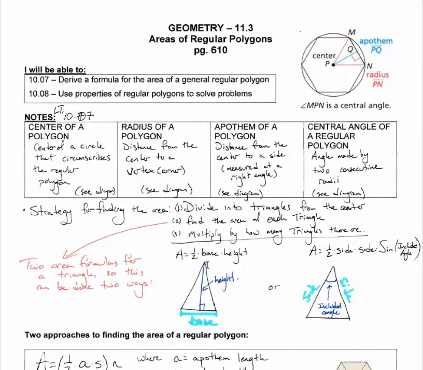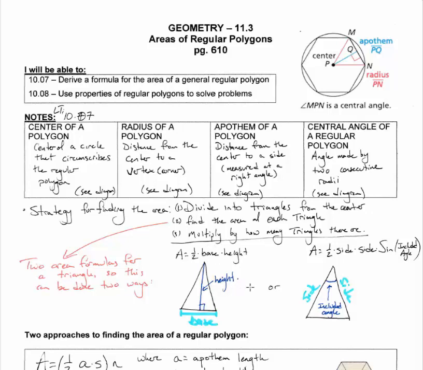And this height is the distance, if you think of this top corner as the center of the triangle, then this height is the distance from the center to the side, which we just gave a name. It's called the apothem. So the area for this triangle could be 1/2 a side length times the apothem.